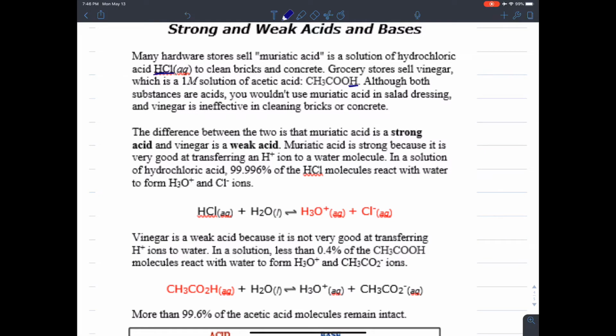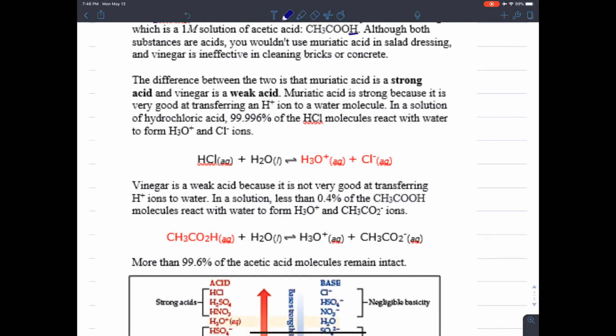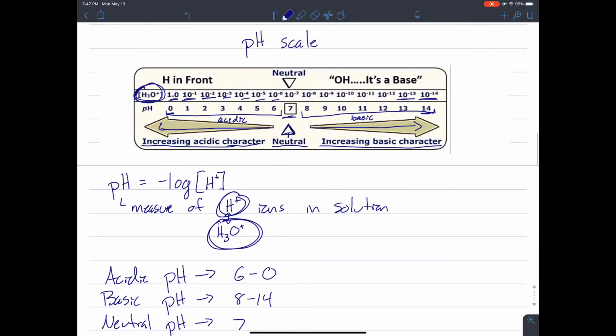So what makes something a strong acid or a strong base? Well, the strength of an acid is determined by how good it is at transferring H plus ions to a water molecule, how good it is at dissociating. So, like we said, pH is a measure of H plus ions or H3O plus ions in solution.